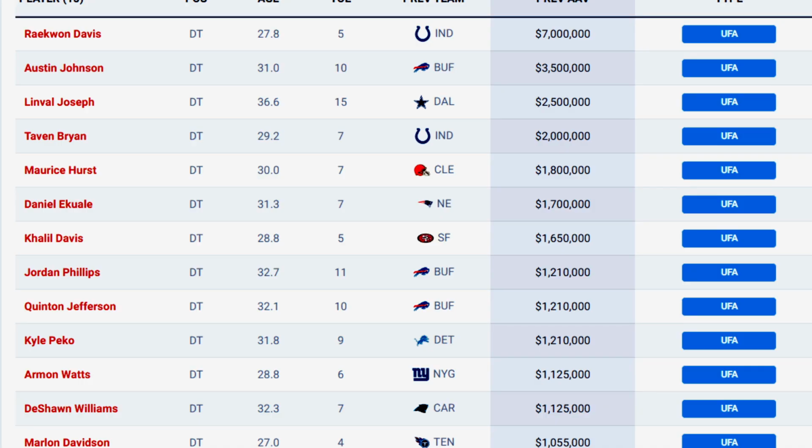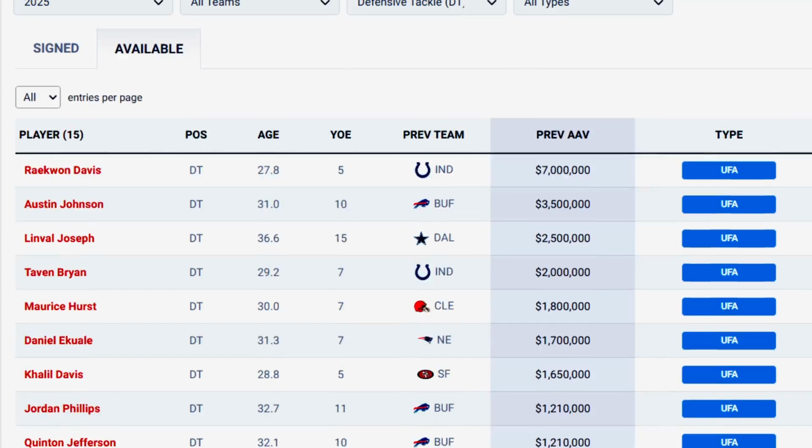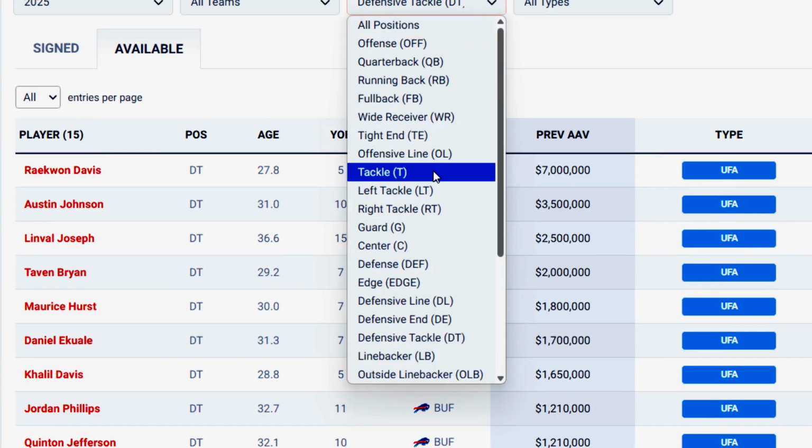But again, I'm not going to be surprised if over the next week or so, we start seeing a lot of players getting picked up, or not picked up but brought in for workouts. But right now, there are still options available.